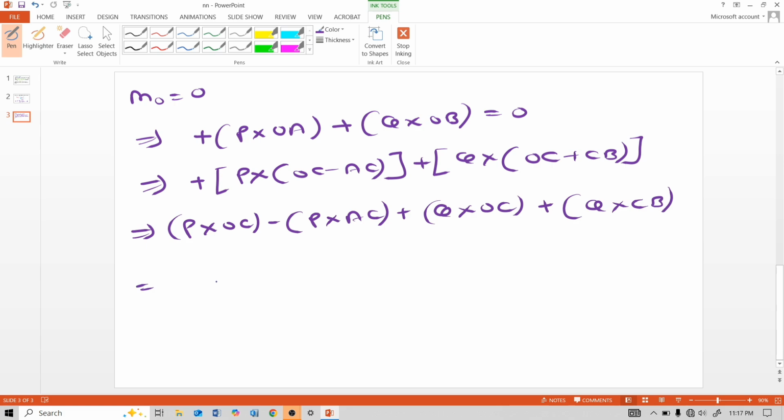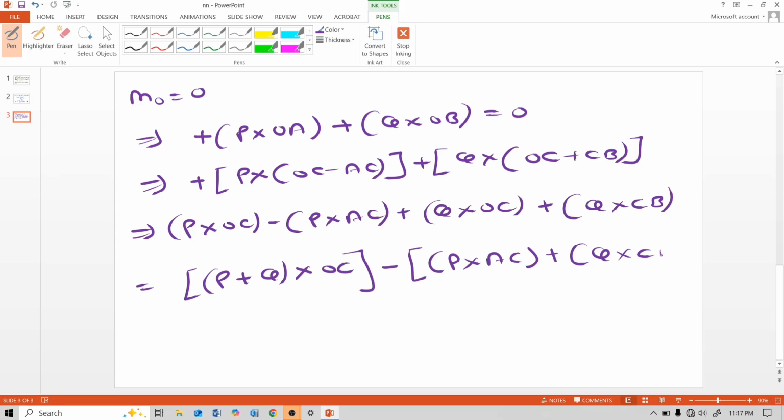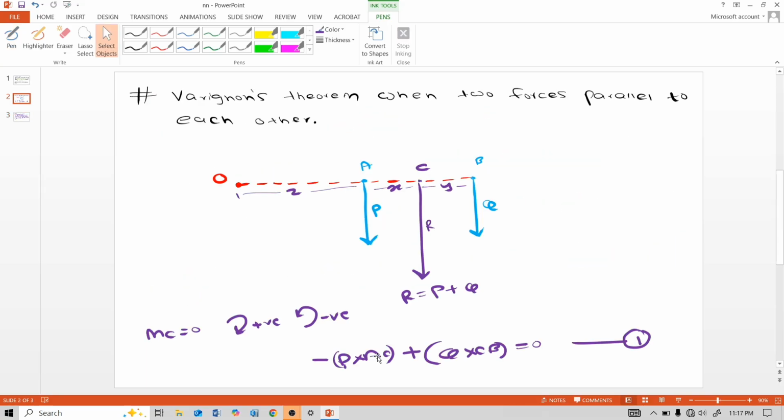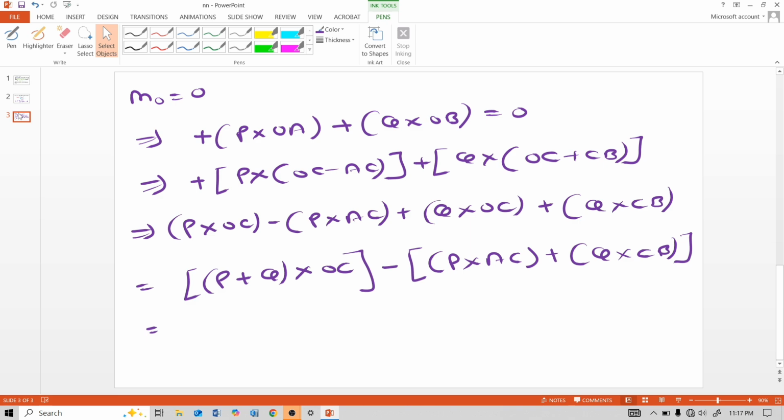So here P plus Q taken common into OC, and here minus P into AC plus Q into CB. See, P into AC plus Q into CB minus P into AC plus Q into CB. This whole term, what is this?